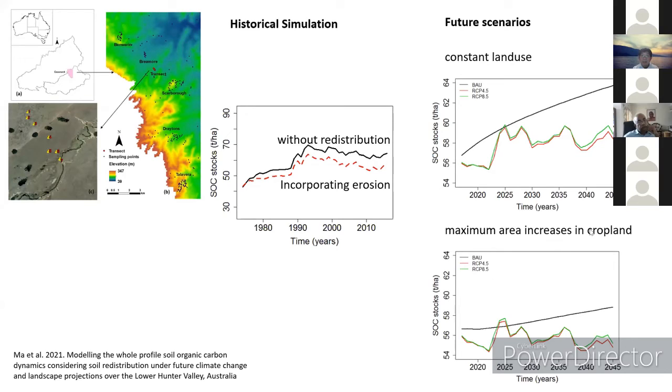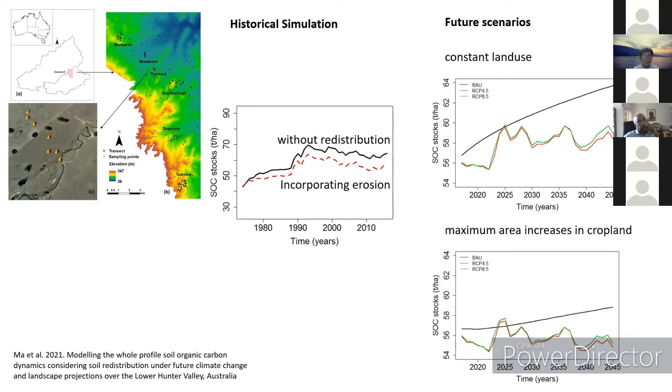But if you keep increasing the cropland area, that means that in some of the area you would have a decrease in the carbon stock compared with the business as usual. That means that the climate doesn't change, and you can see that there's an impact of that.